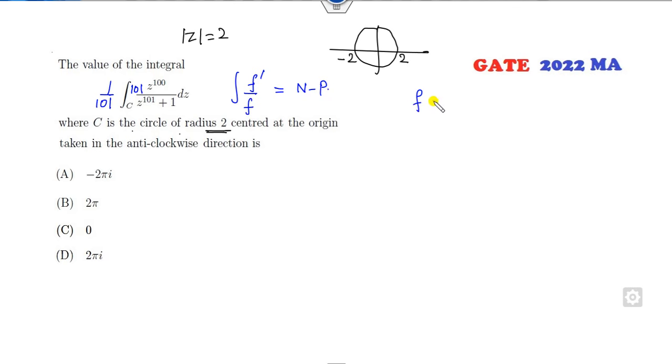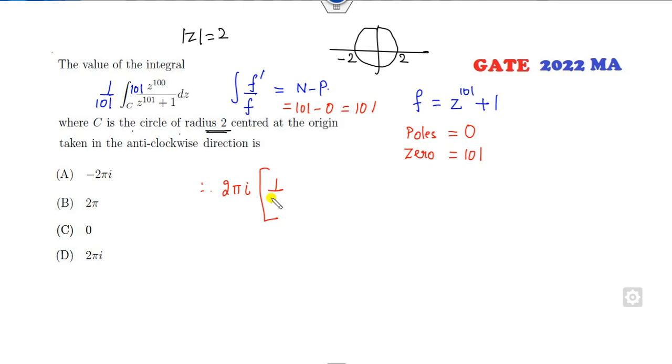So what is the f? F is z raised to power 101 plus 1. Clearly says there is no pole because it's a polynomial. How many zeros are there? Zeros are my 101. So what is the n minus p is my 101. So what is the right answer of this? 2 pi iota times of this 101. What is the n minus p? 101. So what is that? 2 pi iota is the right answer.